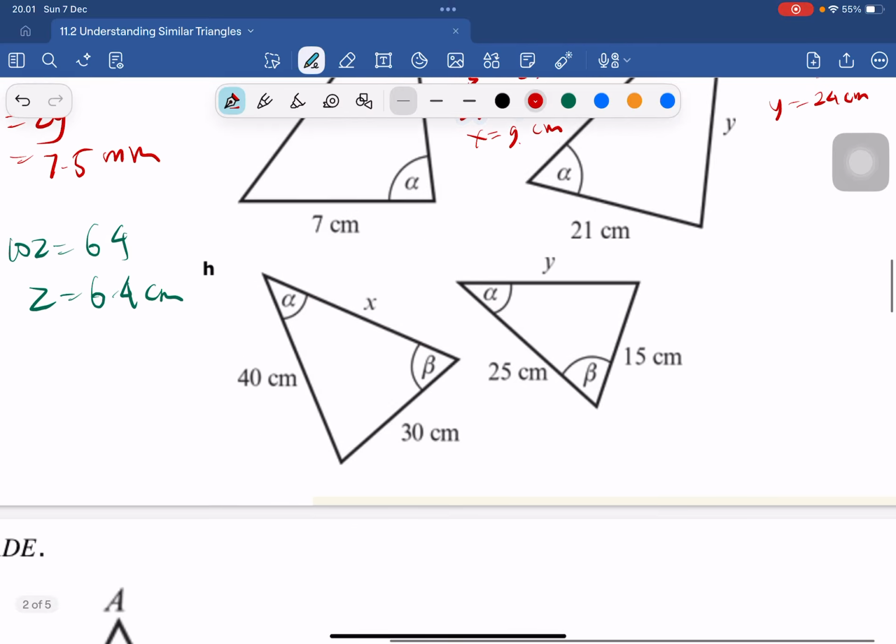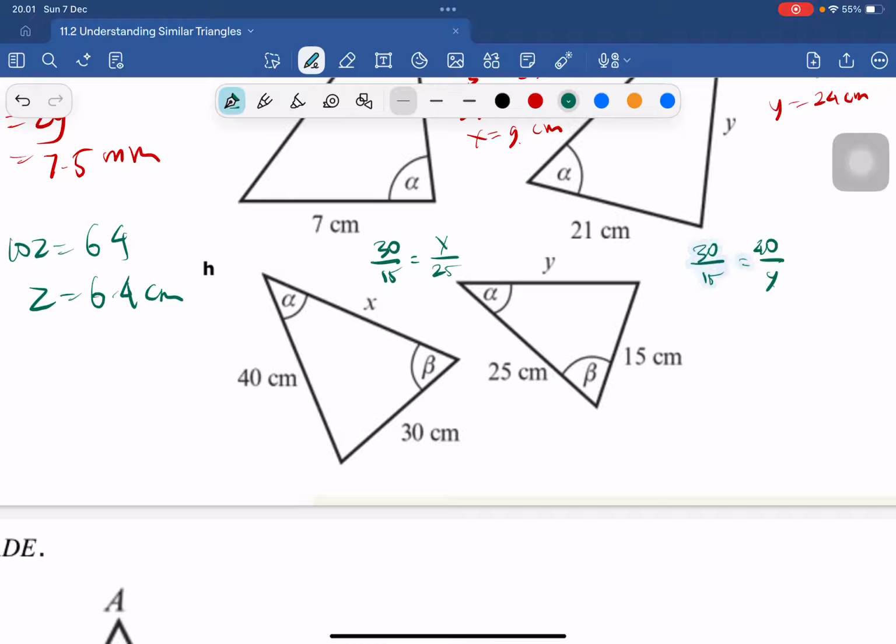Now H. Okay, first we got here 30 over 15 equal to x over 25. And another one we got 30 over 15 equal to 40 over y.